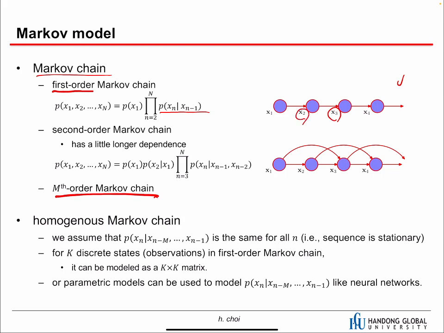So x3 has nothing to do with x1 when x2 is available. The second order Markov chain means we consider the previous two samples. When we are interested in x4, we will check x3 and x2, not x1. So we consider just the previous two samples.